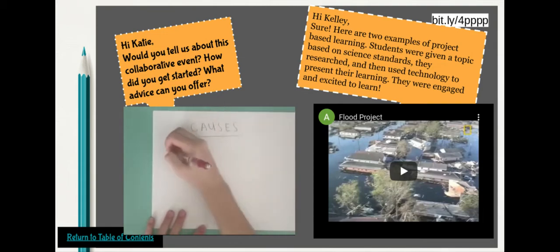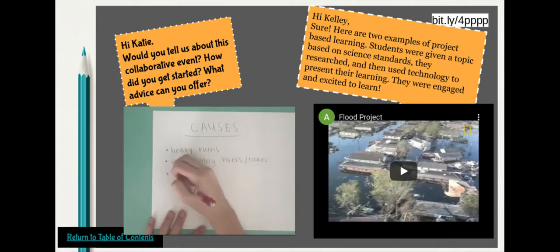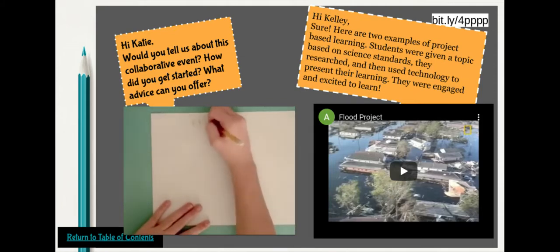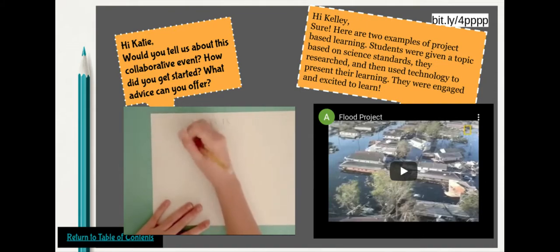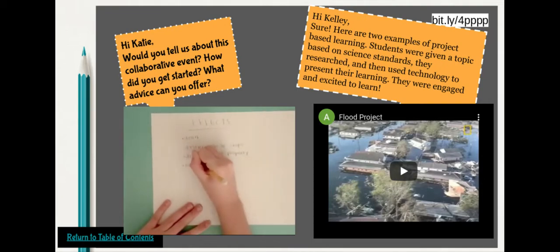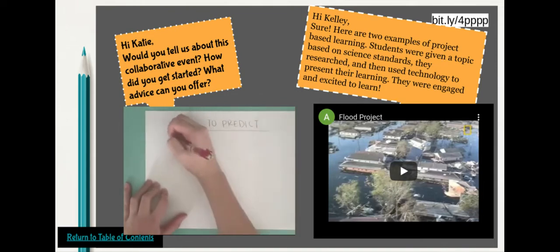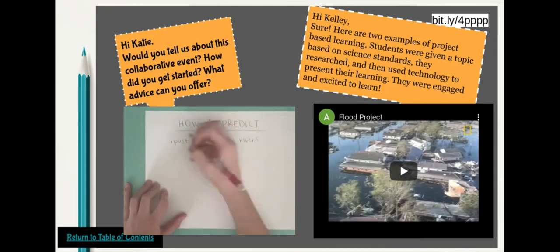Causes. Floods can be caused by heavy rains, overflowing rivers, melting snow and ice, and hurricanes. Effects. Some effects of floods are death, destruction of crops and property, and loss of livestock. How to predict. You can predict floods by past overflowing rivers, snow melt, and storm surges.